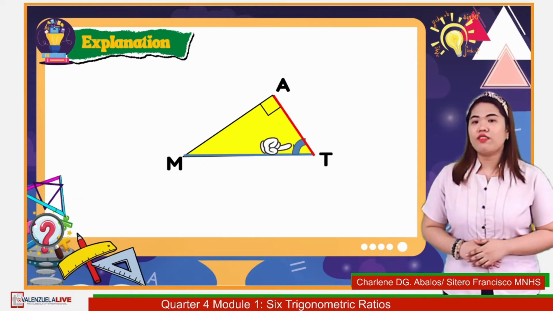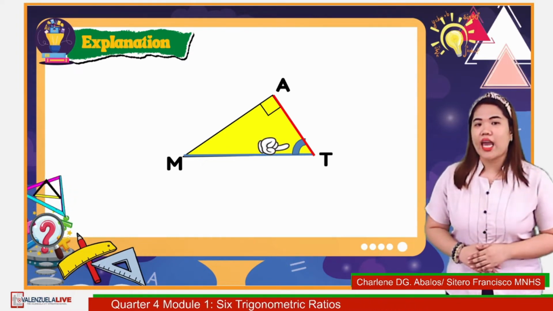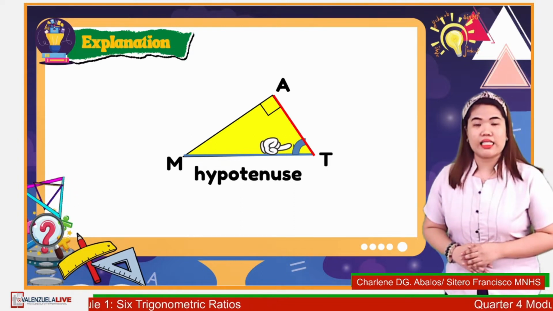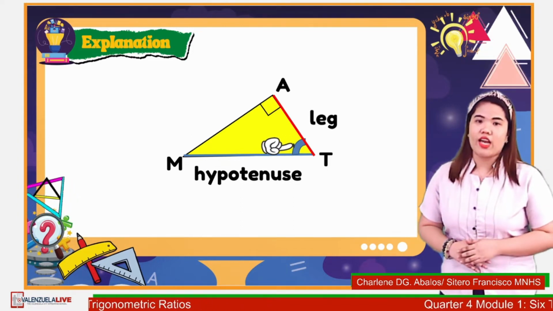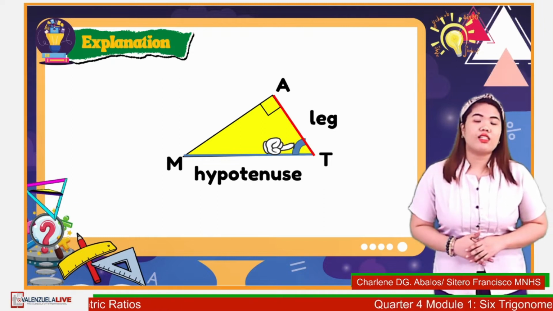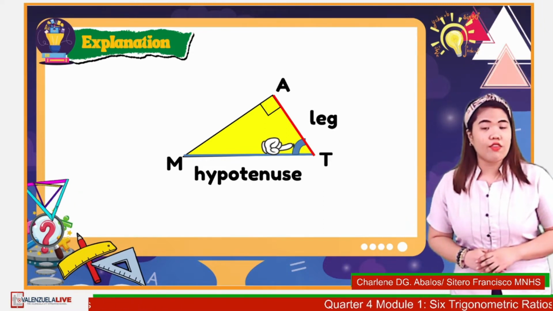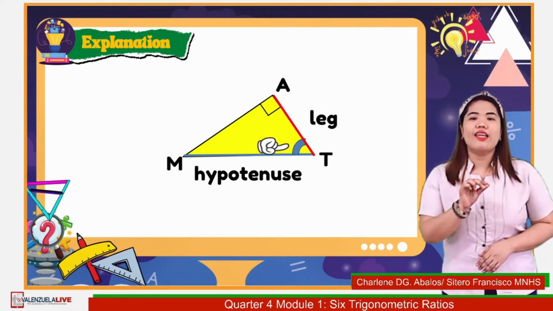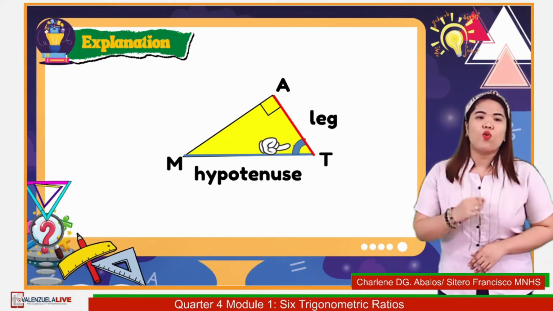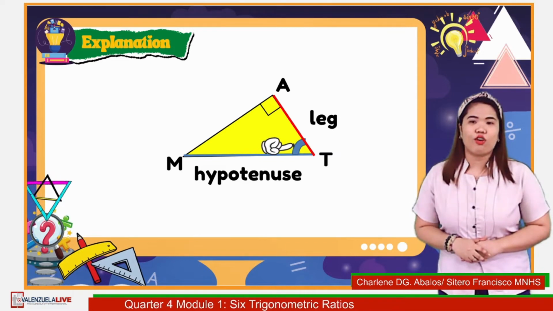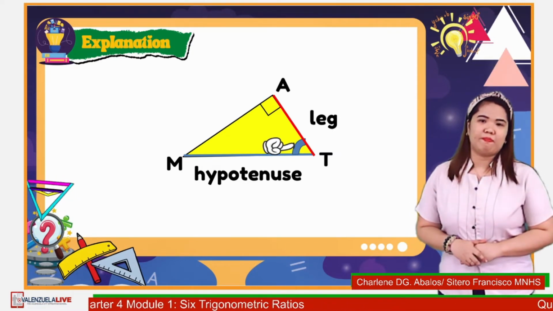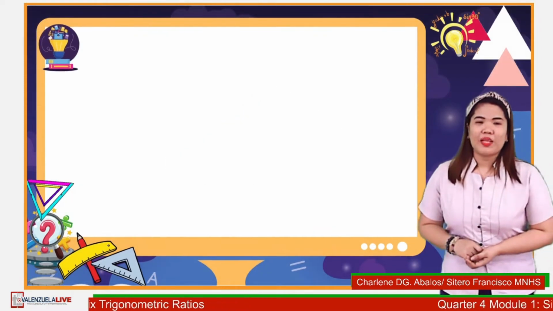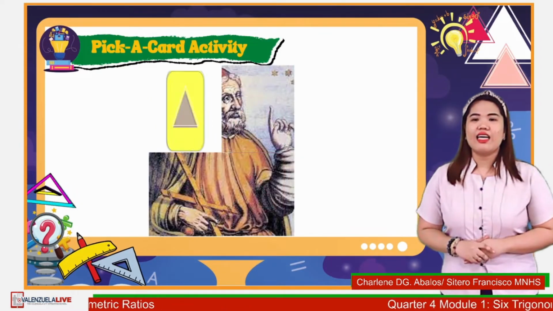As you observed, MP is a hypotenuse, while AP is the leg of the triangle. And consider as the non-hypotenuse side of the given triangle next to angle T. And this non-hypotenuse side is the adjacent side of angle T. Excellent. Here is the picture behind the yellow part.